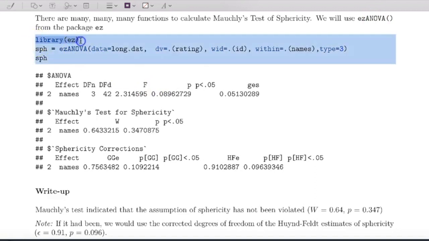I imported the library ez, and I'm going to store everything into this variable called sph for sphericity. I wanted to look at the long data that I created specifically for this test. Here in the dependent variable, I'm going to have the score, whatever continuous number was measured. Here, you're always going to put whatever distinguishes the subjects. In this case, it's going to be the ID.